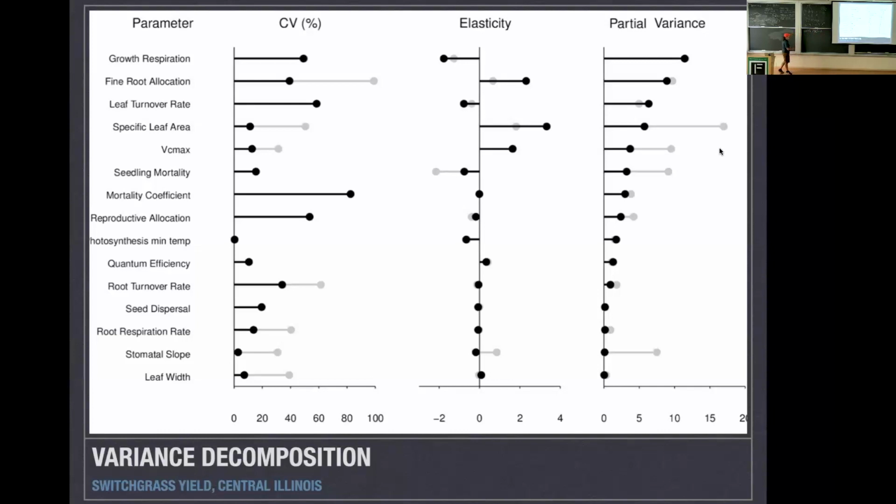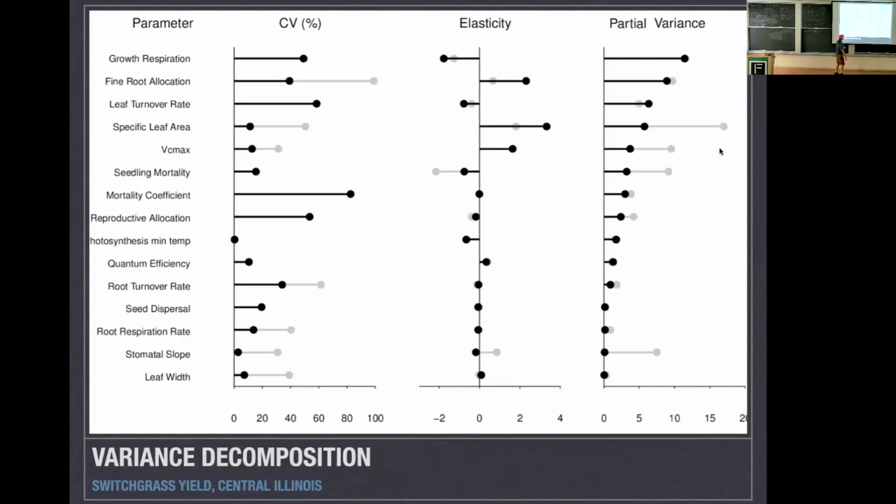So this is an example of a variance decomposition that we did on one of our carbon cycle models. Here are a bunch of different parameters that affect vegetation, and here are the partial variances for each of those model parameters.